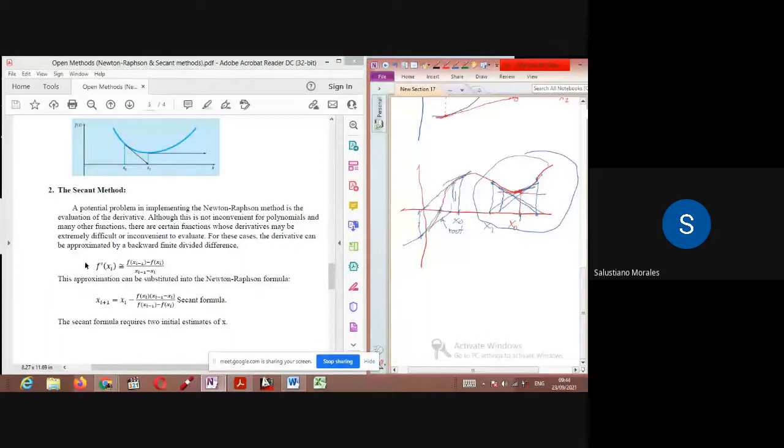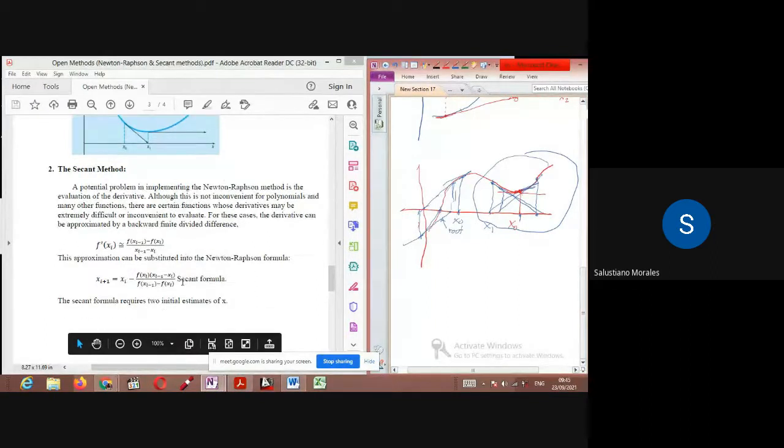So the formula looks like this. f'(x_i) should be approximately equal to f(x_{i-1}) minus f(x_i) all over x_{i-1} minus x_i. So this approximation can be substituted into the Newton-Raphson formula. So x_{i+1} should be equal to x_i minus f(x_i) over f'(x_i).